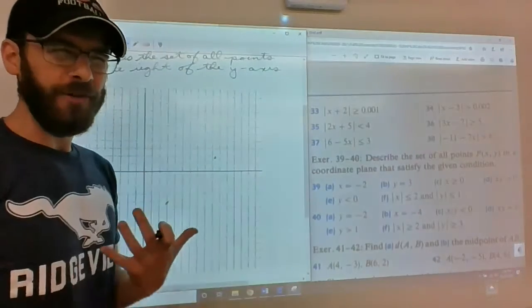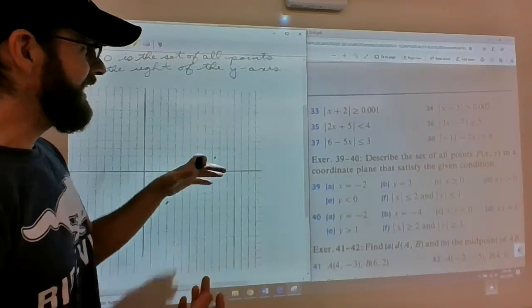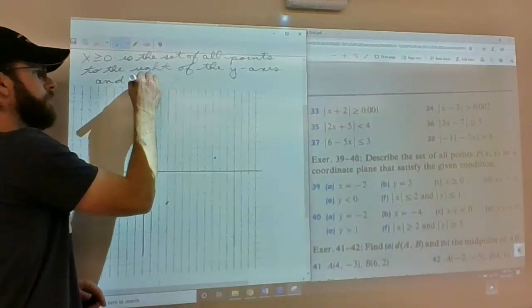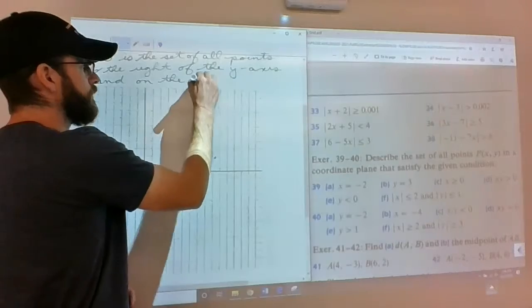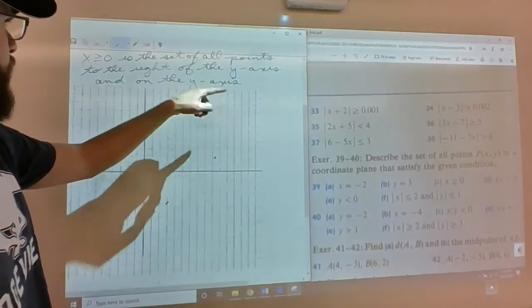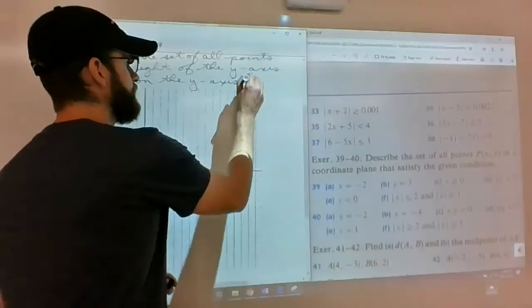And it's including the y-axis, so there's probably a better way to say that. To the right of the y-axis and on the y-axis. So x is greater than or equal to 0 is the set of all points to the right of the y-axis and on the y-axis.